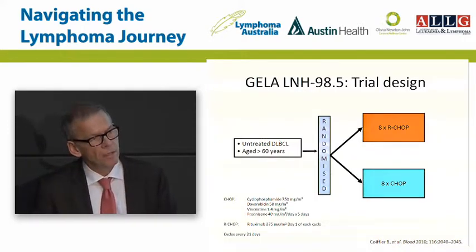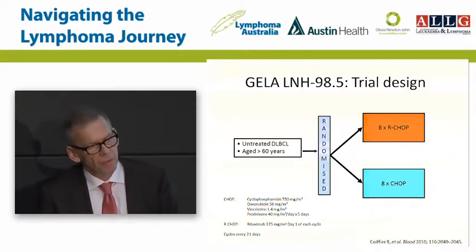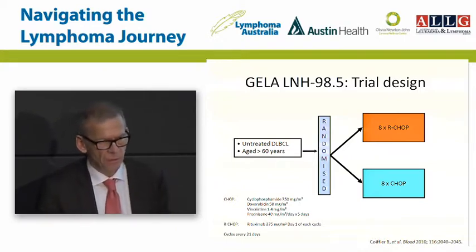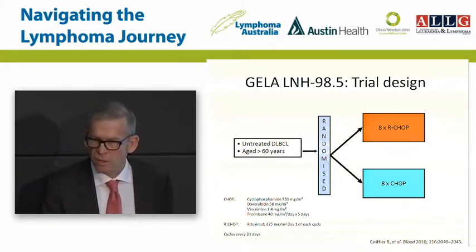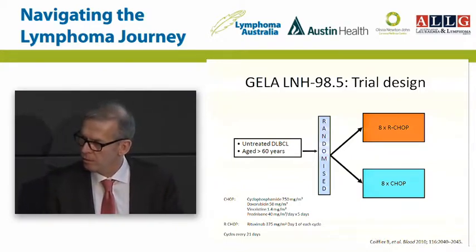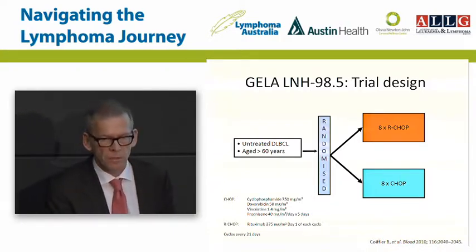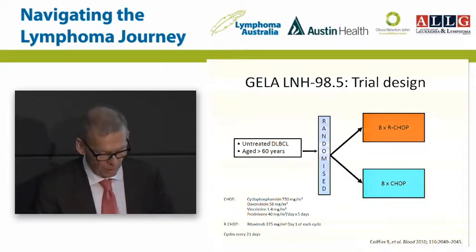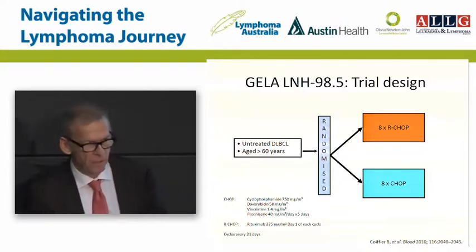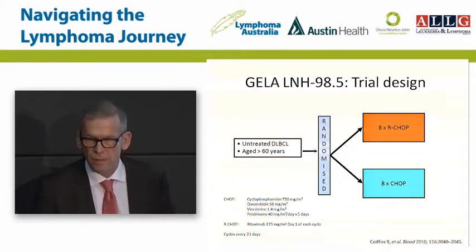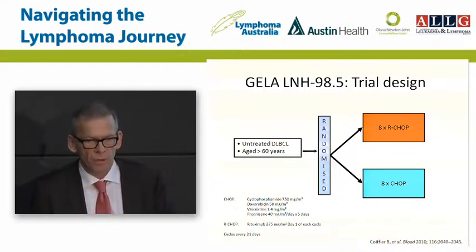And when this became available, there were first data in a smaller number of patients, and the French group was the first one to really combine chemotherapy with such an antibody, with Rituximab. And this is the setup of such a clinical trial. Some of you might have undergone a clinical trial.